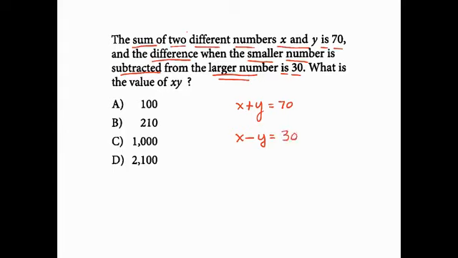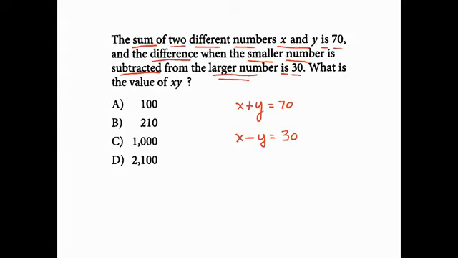Okay. Now, at first glance, especially if you've just completed the previous problems, you might recognize these are also conjugate pairs, x plus y and x minus y. And of course, if we multiplied these two expressions together or FOILed them, we would get x squared minus y squared, and we would find out that that equals 70 times 30. However, we have to be careful.